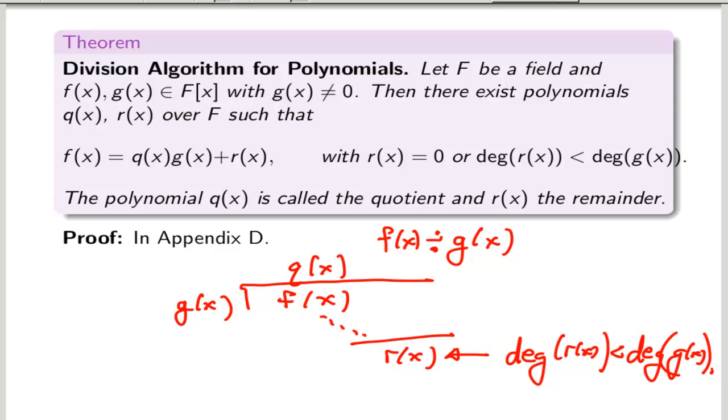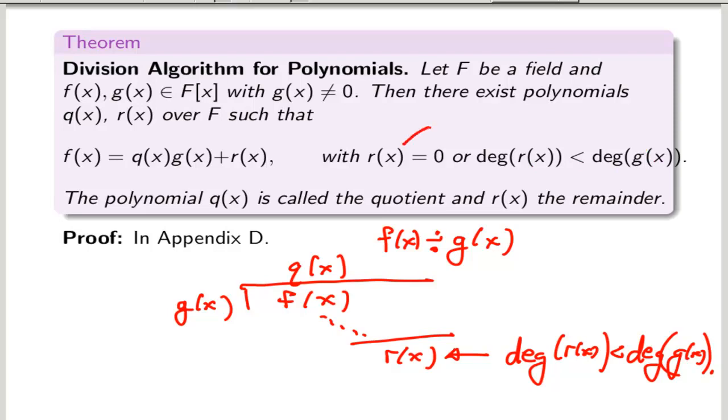Right? So, the division algorithm says the following. Let F be a field, let f(x) and g(x) be elements of F[x] with g not equal to 0. Then there exist polynomials q and r such that f(x) is q(x) times g(x) plus r(x), where the remainder r(x) is either 0 or its degree is strictly smaller than the degree of the divisor.